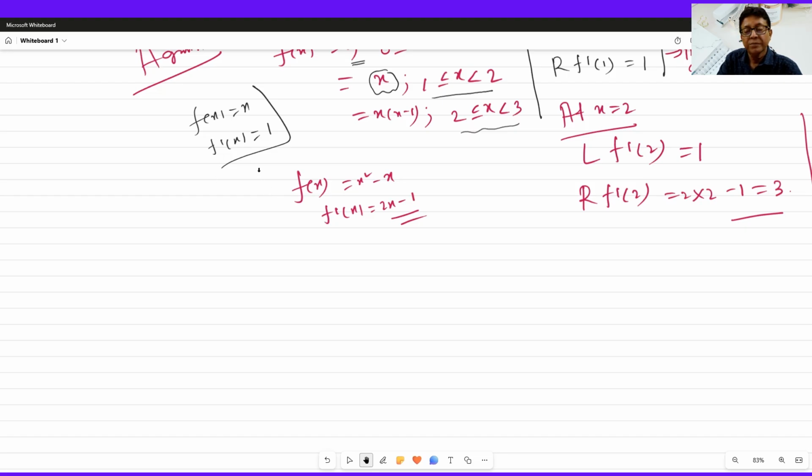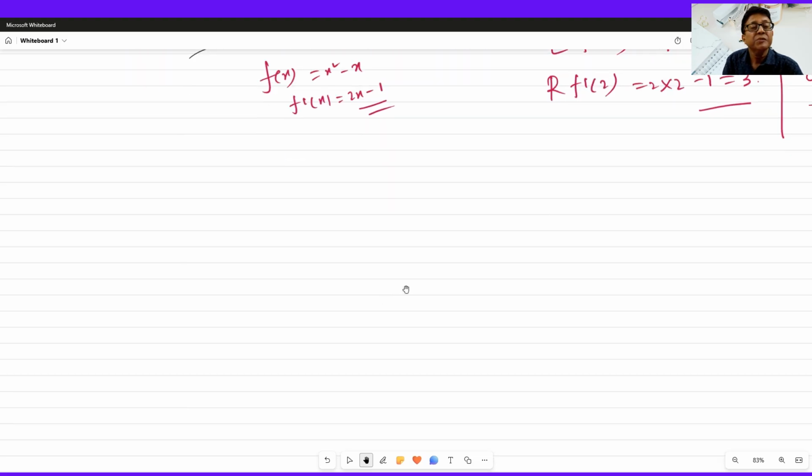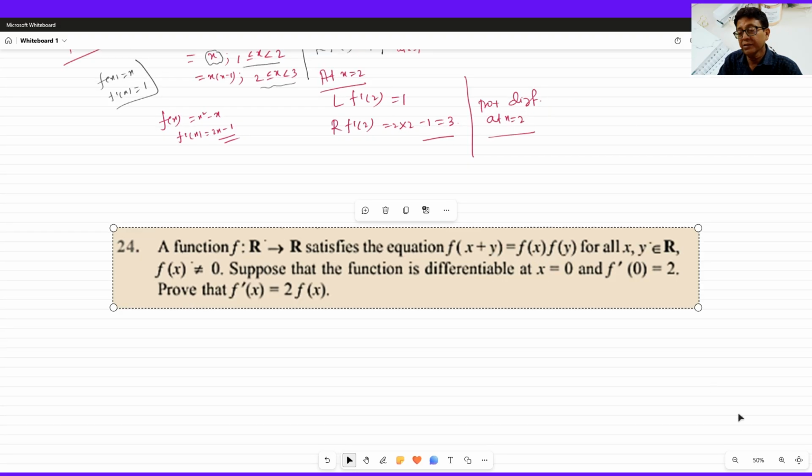Now, this is another exemplar, a very good problem. So I'd like to discuss it with you today. The sum is this. Just check once.